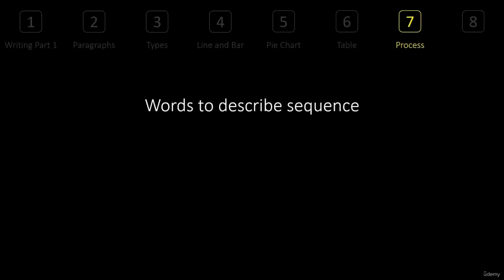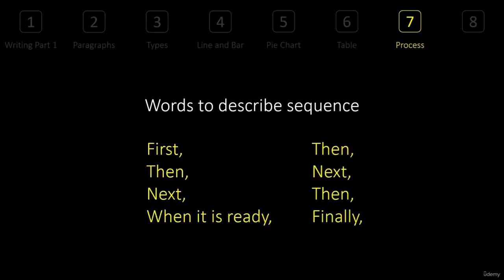Now, there are words to describe sequence. I told you it is a process. That means you have to understand the flow, so sequence is the most important part. And what are the words? First, then, next, when it is ready, then, next, then, finally. You can use them in any order, of course first should come first and finally should come at the end, but you can do it according to the image.